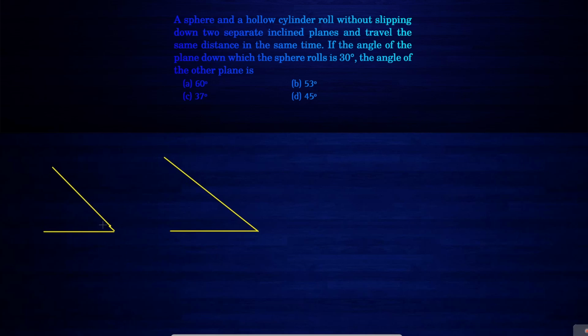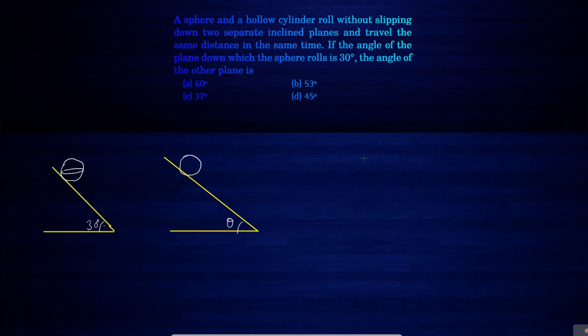It is given that the angle of the first inclined plane is 30 degrees, and let this be theta. A sphere is rolling on this inclined plane and a cylinder is rolling on this inclined plane. They both have the same acceleration. We need to find the angle theta.